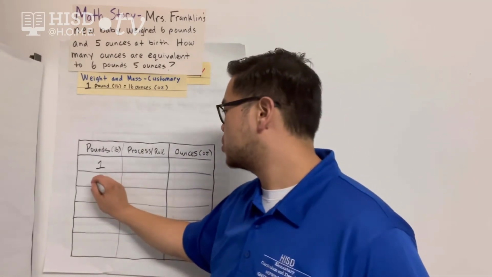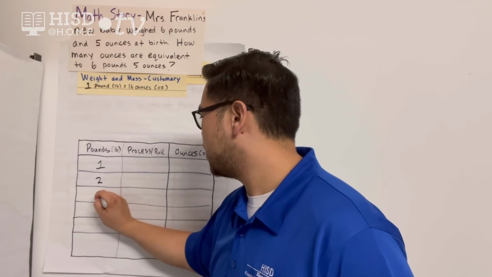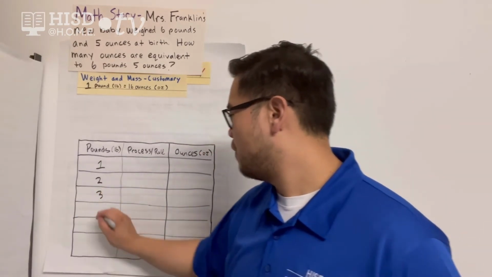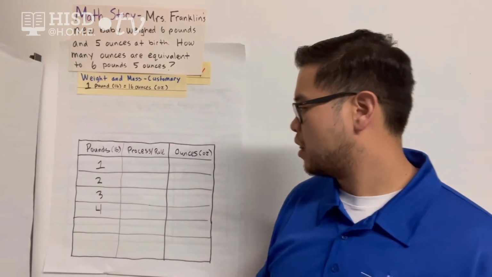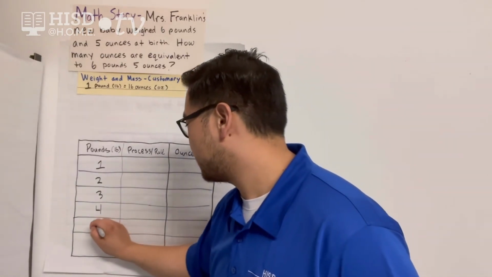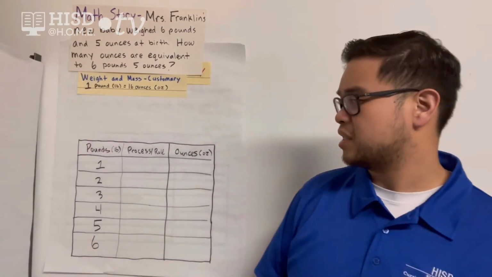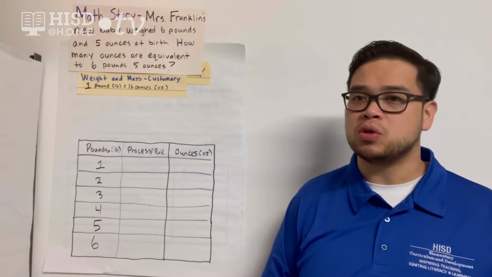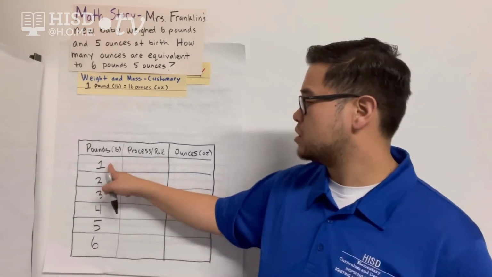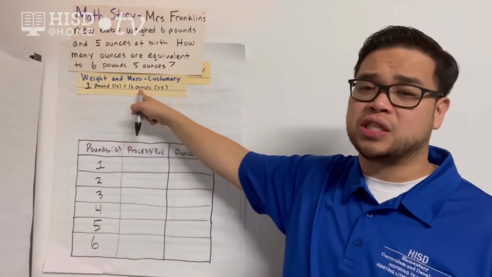And then we're going to go 2, 3, 4, 5, and then 6. And then remember, we said our process rule is usually the pound times however many ounces it is going to be converted to, which is 16 here.